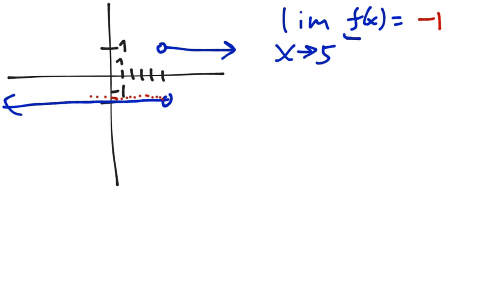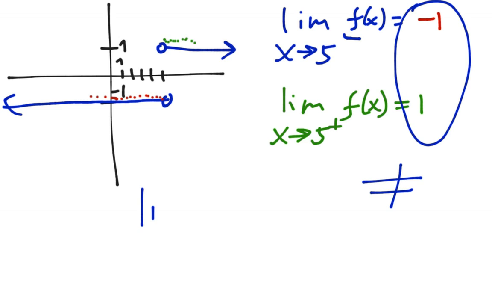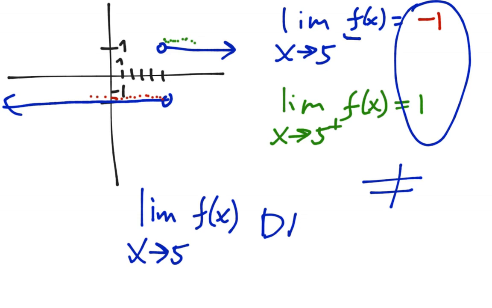So the left-hand limit is simply -1. And then for the limit from the right, we do limit x approaches 5 from the plus side of f of x. And this limit, well, we're approaching 5 from the right, and those y values are staying at 1, so that limit is 1. Notice here that 1 and -1 are not the same, therefore the limit in general, as x approaches 5, no plus or minus, of f of x does not exist. That's the big idea to get from a one-sided limit.